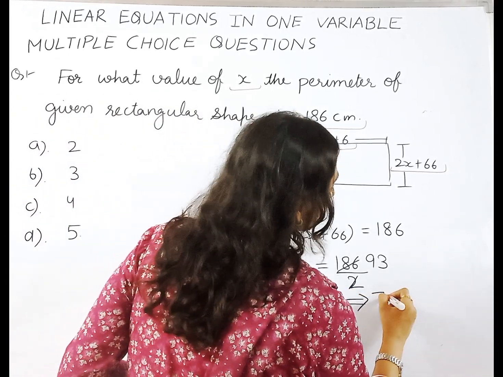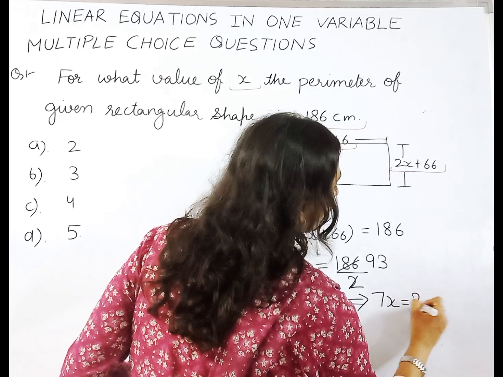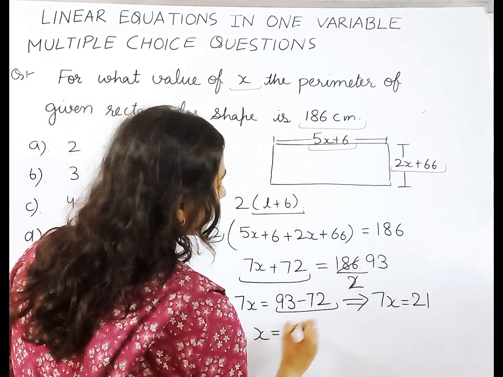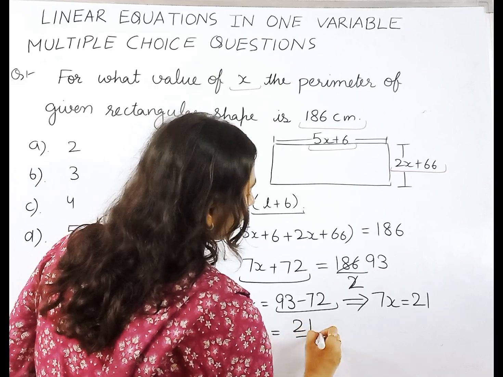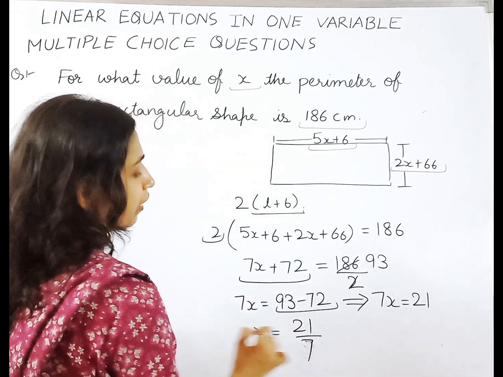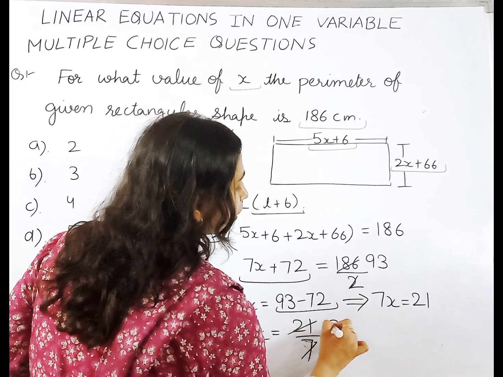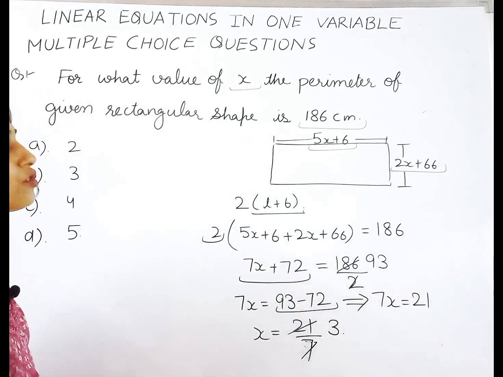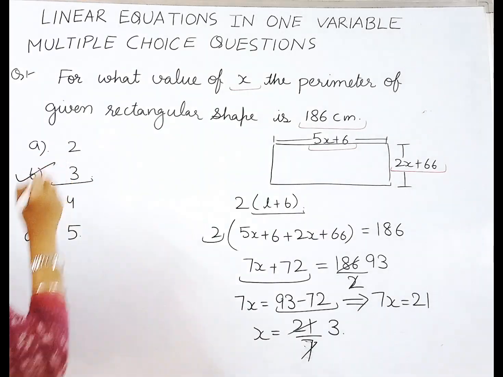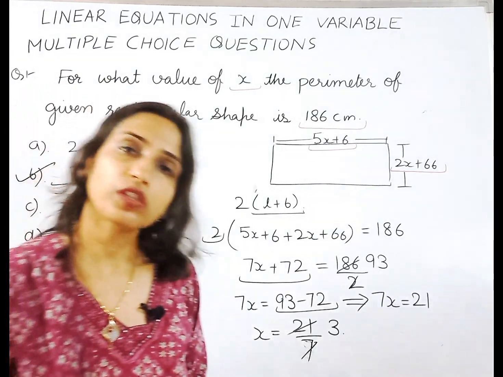So the equation becomes 7x is equal to 21. Now we can find out the value of x. It becomes equal to 21 divided by 7. And the value of x comes out to be equal to 3. So our answer is option number B. Value of x is equal to 3.